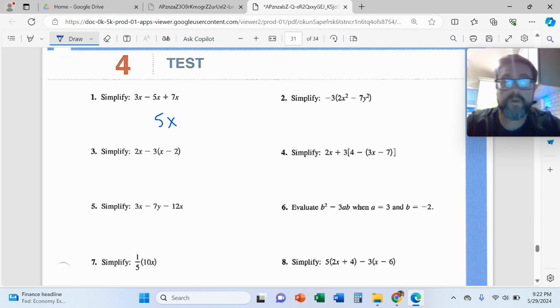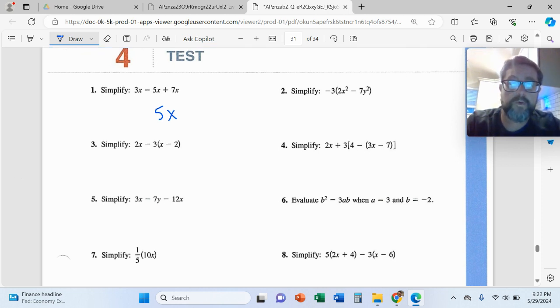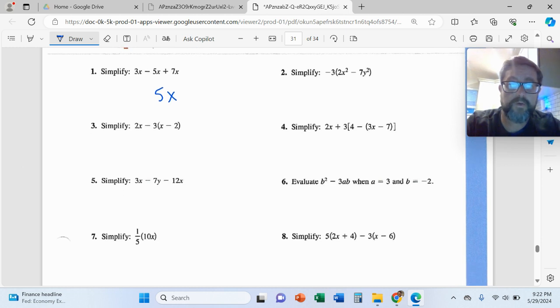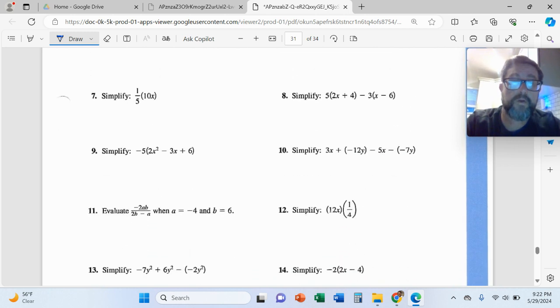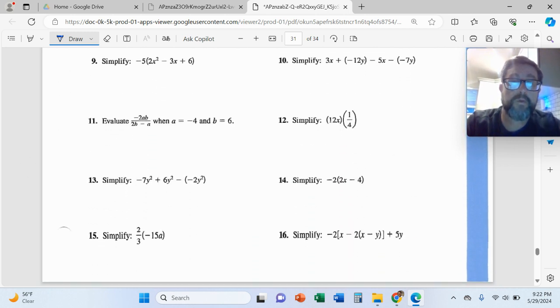Check me on that, make sure I'm doing it right. You don't have to combine like terms on every problem. On number 5 you do, because you have the minus 7y, and the y's cannot be combined if you don't know what they are.